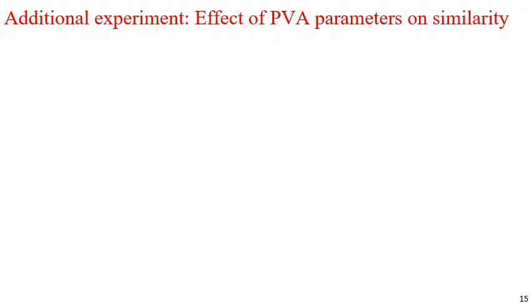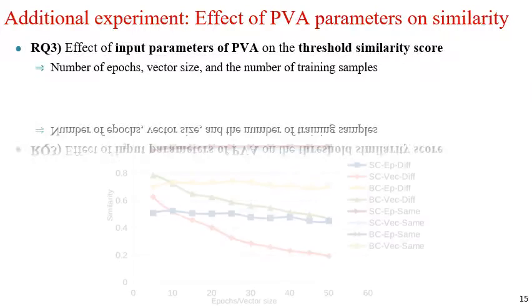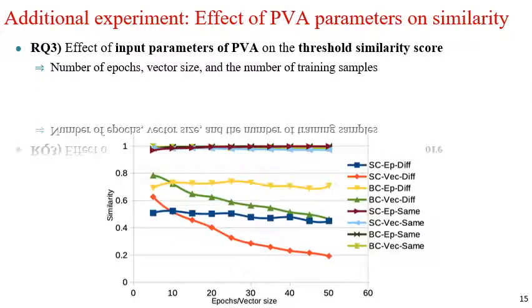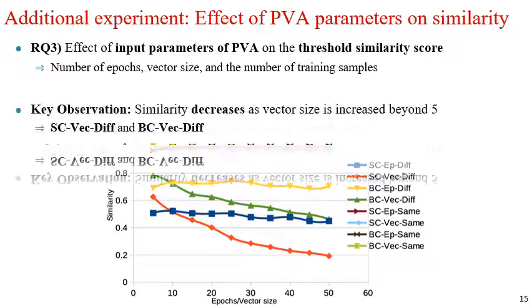Then we also performed additional experiments in order to tune PVA parameters, as we just discussed. The effect of input parameters on PVA and the threshold similarity scores was determined over here.